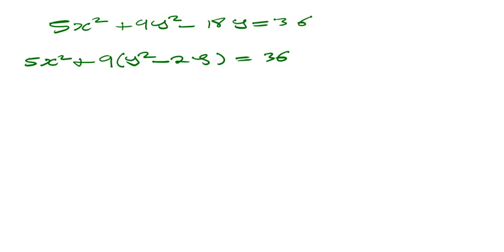Then for this part, it's still going to be 5x squared, plus what do we have here? This is going to be 9y squared minus.